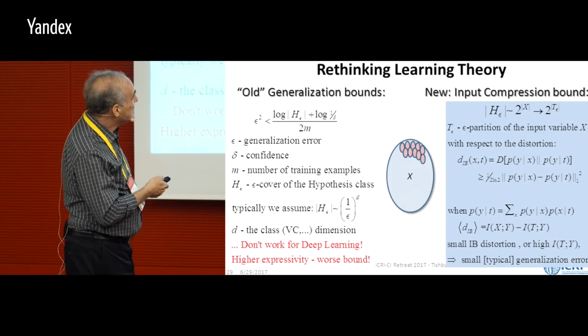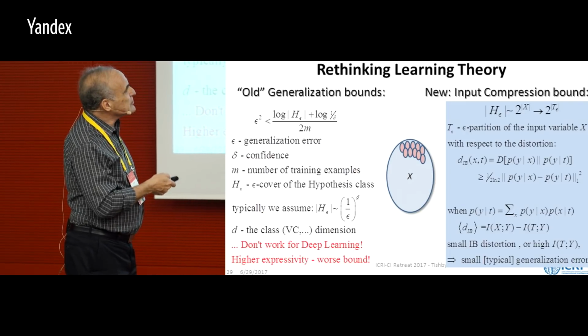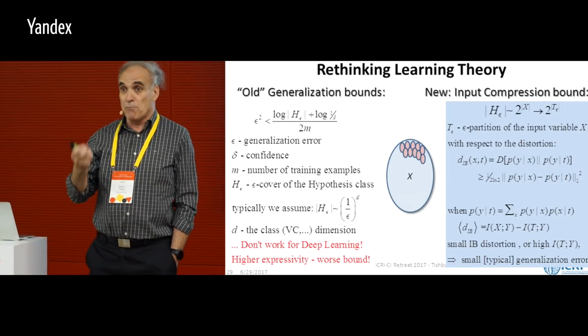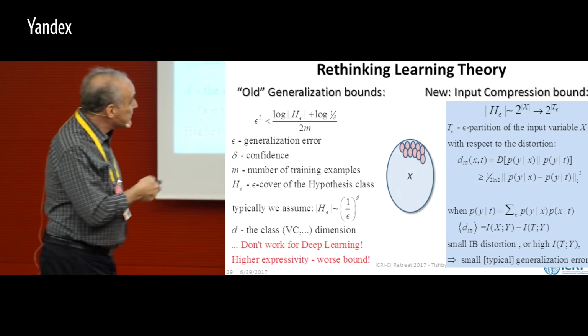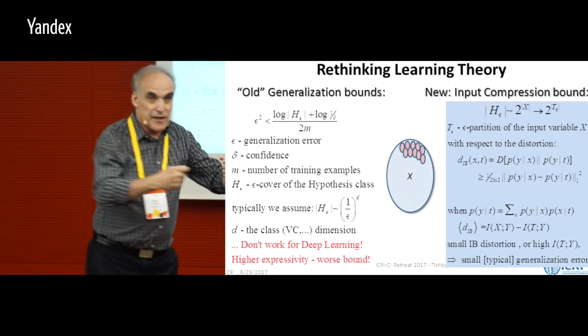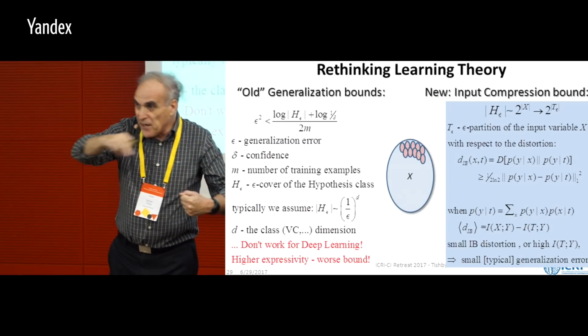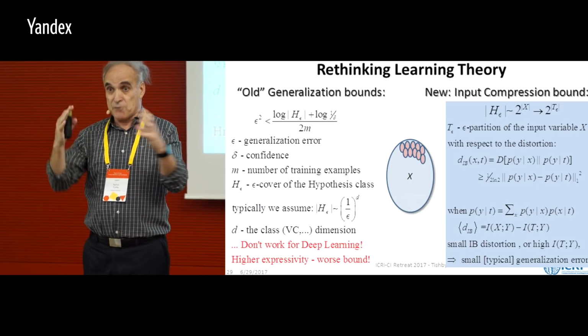But now there are 2 questions. First of all, how do I make sure that the partition that I get is indeed homogeneous with respect to the labels? This requires some sort of a distortion function. I compress it just like in rate distortion theory. I want my grid, or my codebook, or my partition to have small distortion.